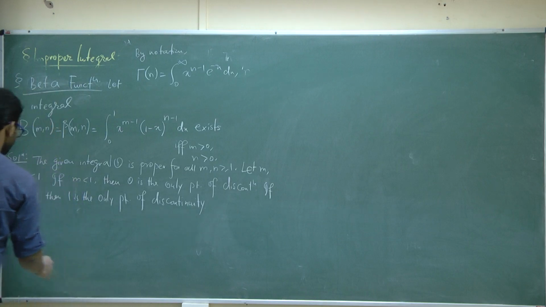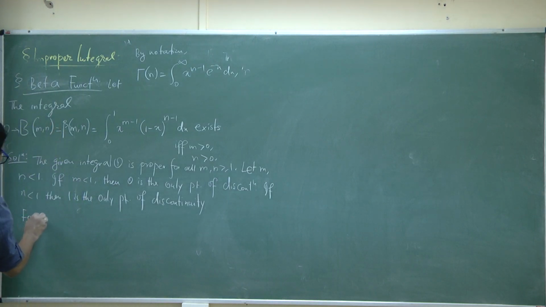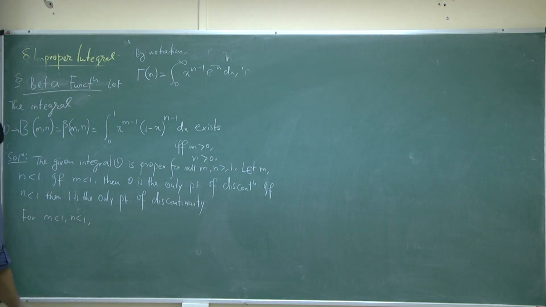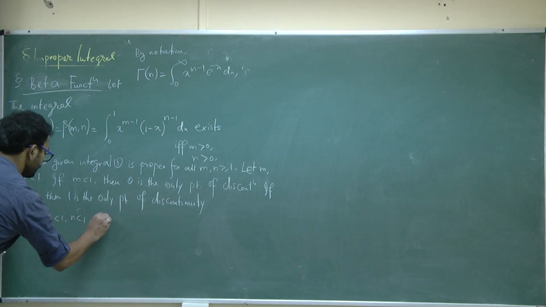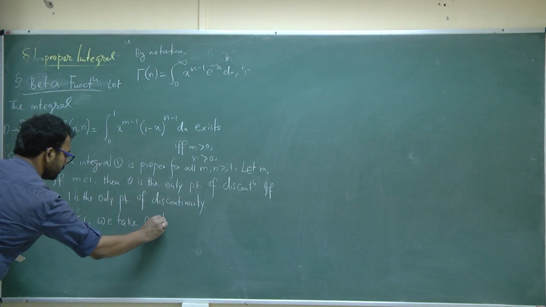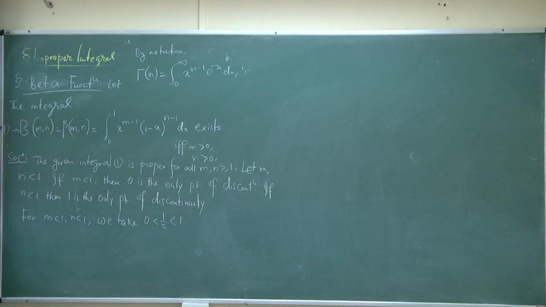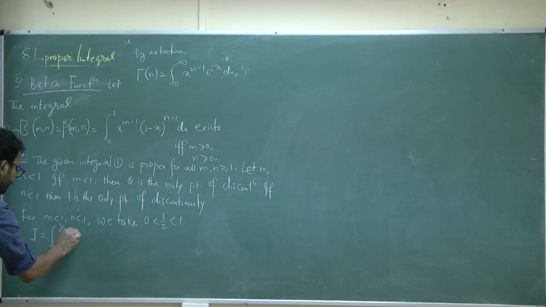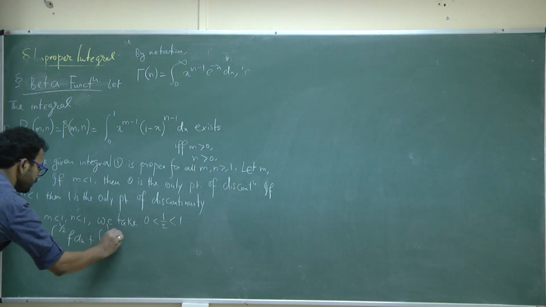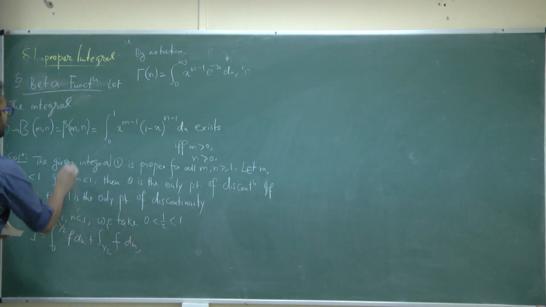So, that means for m less than 1 and n less than 1, what we can do, we take half as the midpoint. We take 0 less than half less than 1. So, then we divide integral I as 0 to half f(x) dx plus half to 1 f(x) dx, where our f(x) is this one.